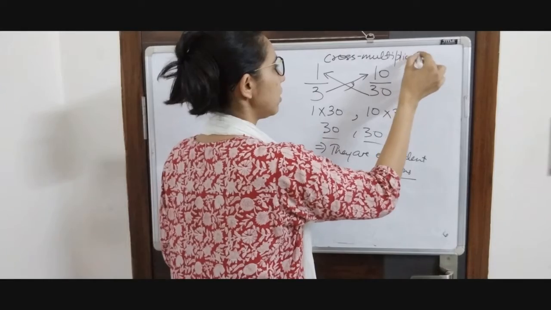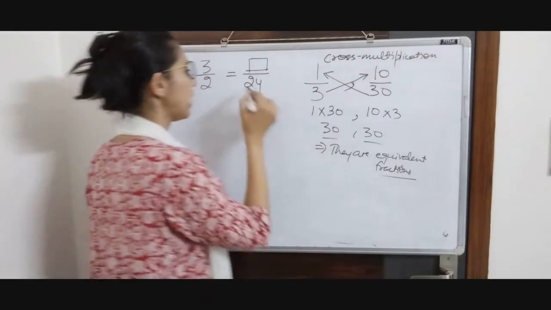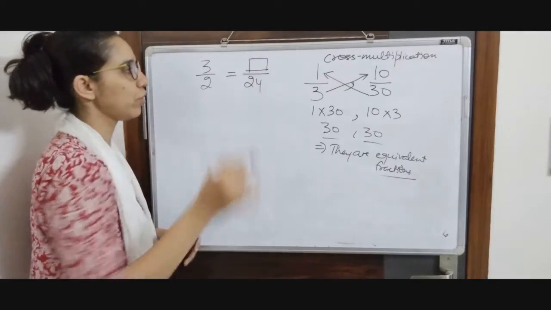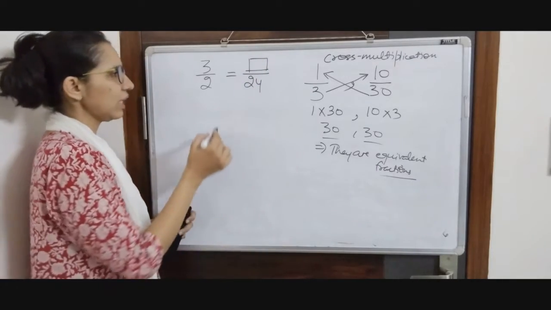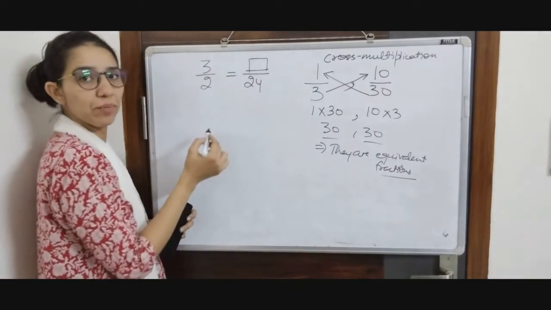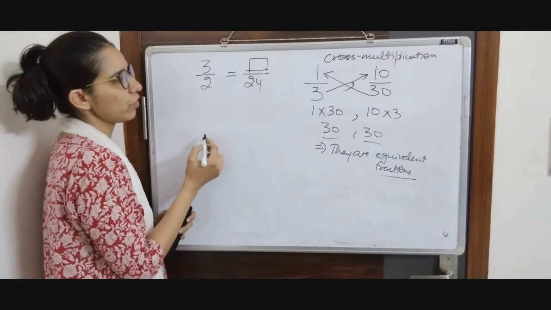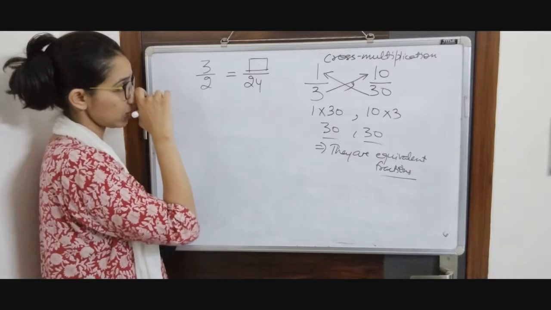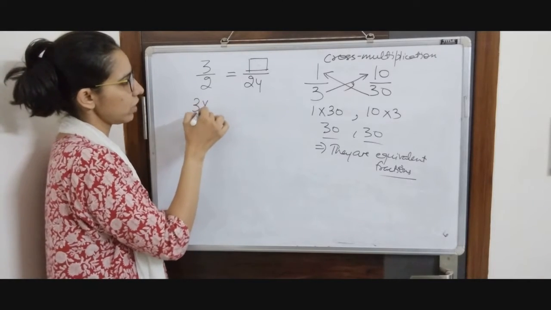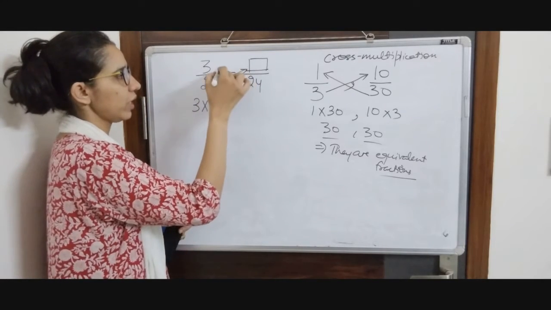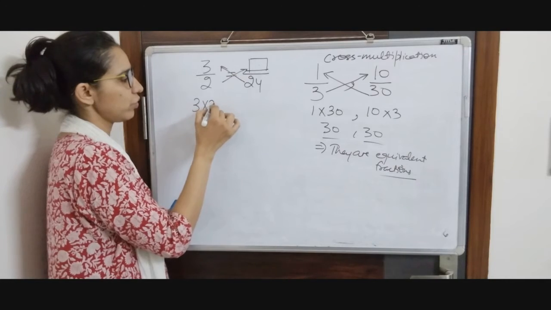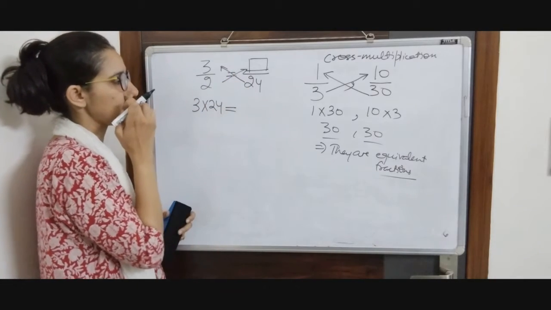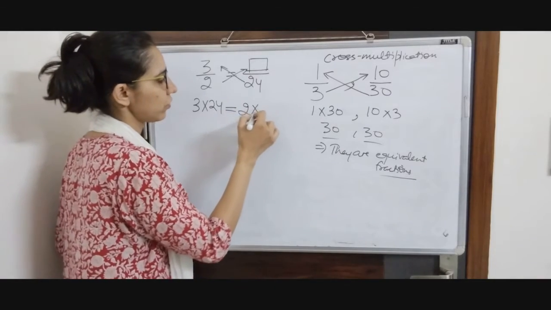This method of cross multiplication helps us in finding the missing numerator or denominator. Now see that we don't know what number this is. So suppose this number is something, we don't know, and we put it in like this. We are going to cross multiply now. So this 3 into 24, because they are equivalent, this product is going to be equal to this.